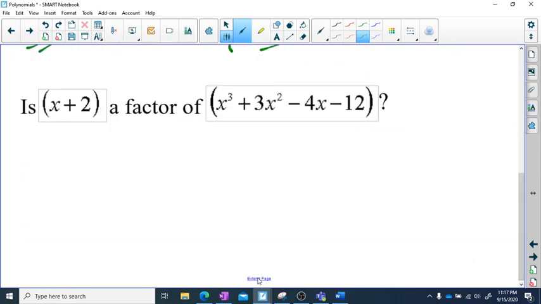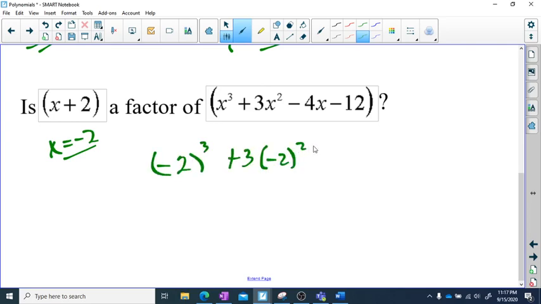So is x plus 2 a factor of this one? Well, let's check it. We're going to put in x equals negative 2 and see what we get for a remainder. Minus 2 cubed plus 3 times minus 2 squared, 4 times minus 2, take away 12. So this is what the remainder will equal. Negative 8.